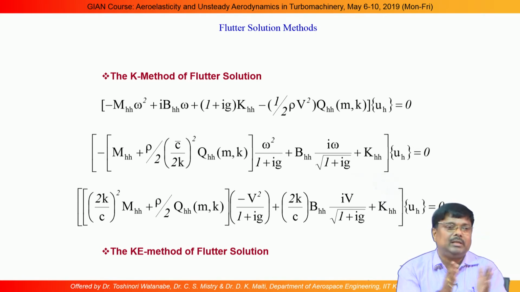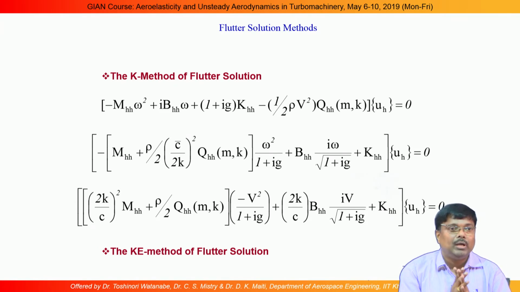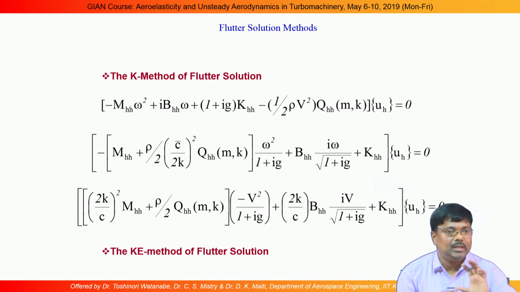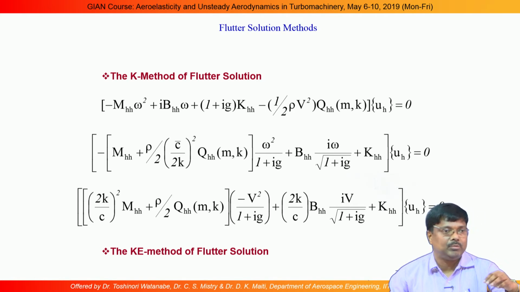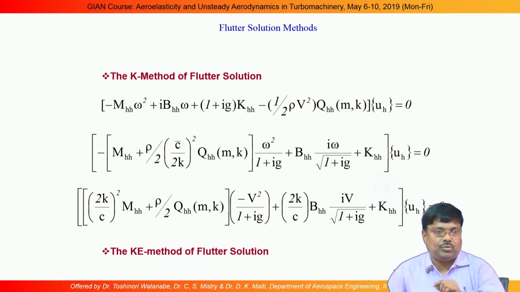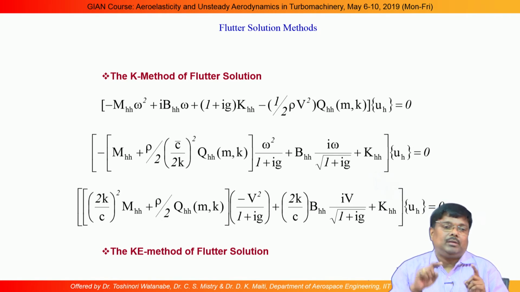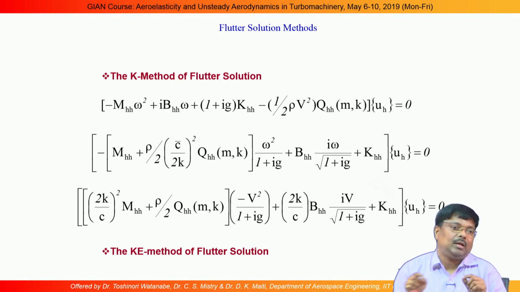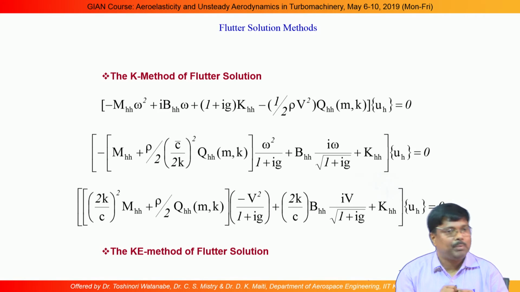If I take the determinant of the matrix equal to 0, it is a complex matrix. In the original Theodorsen method, the equation is divided into two parts: one is the real equation, another is the imaginary equation. Then for different forward velocities, they find the roots of the real equation and the imaginary equation. There is a point where these real and imaginary roots coalesce, and that we call the flutter point.